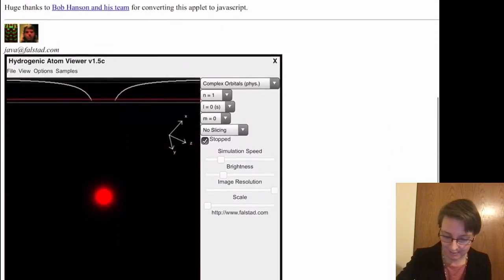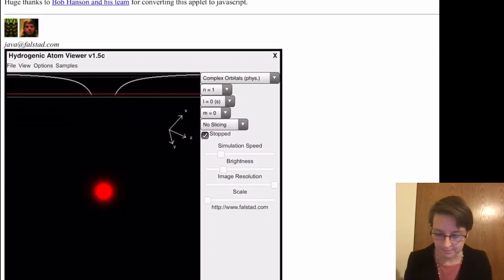There's a nice applet that I'll post on Moodle for this, but the same functions that I tabulated on the previous slide are what you can see in this hydrogenic atom viewer.